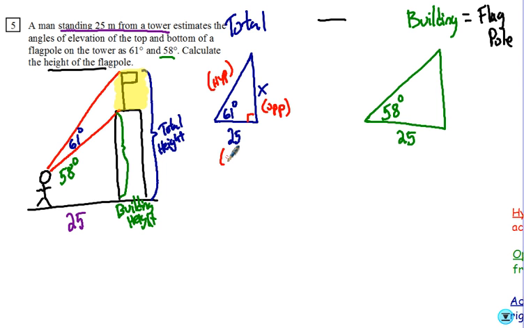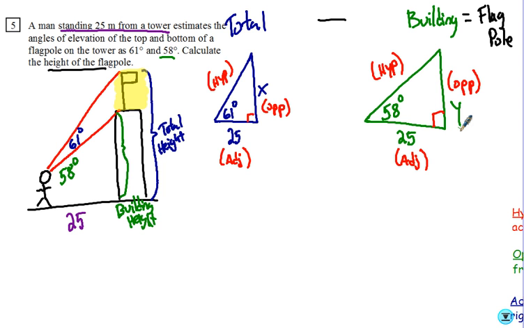And then this would have to be the adjacent. And then if I look at this one over here, kind of same idea. There's my hypotenuse. There's my opposite. And then this is my adjacent. And by the way, similar to the last one, this is going to be a two-step problem, so maybe I could call that one y.